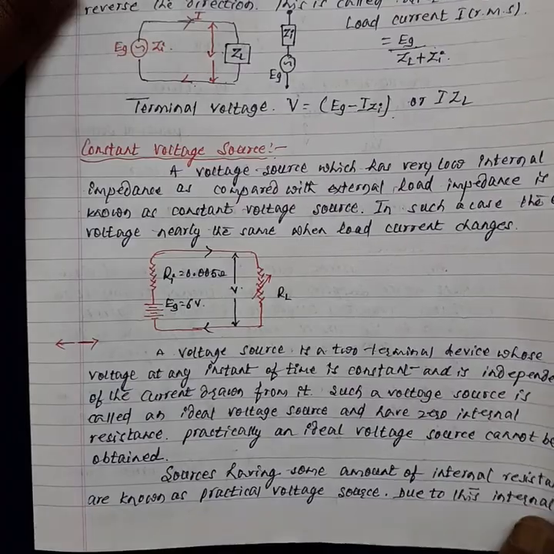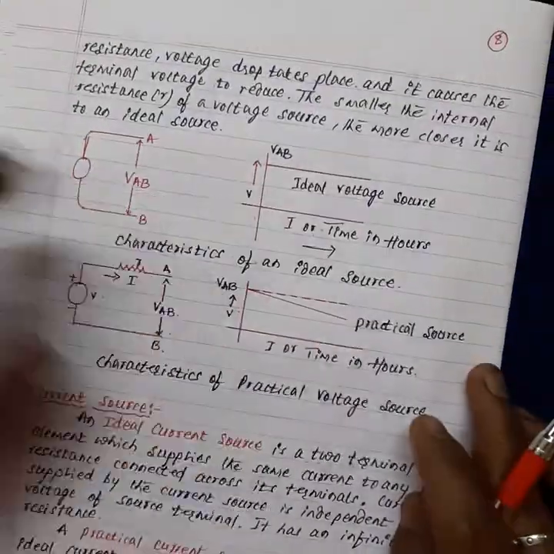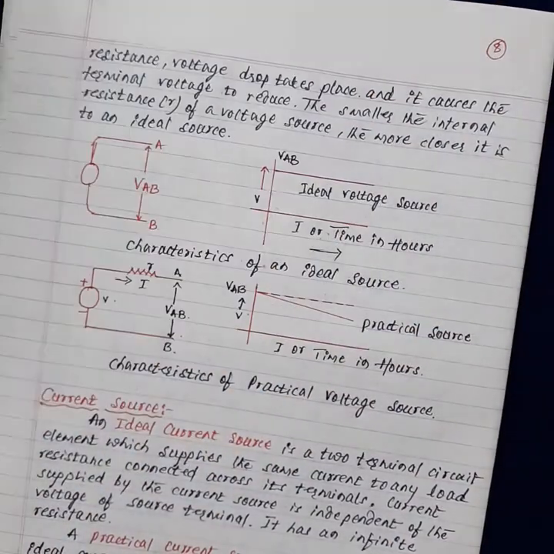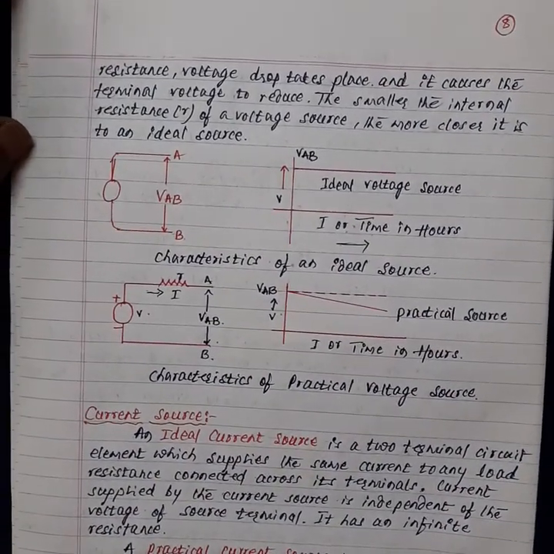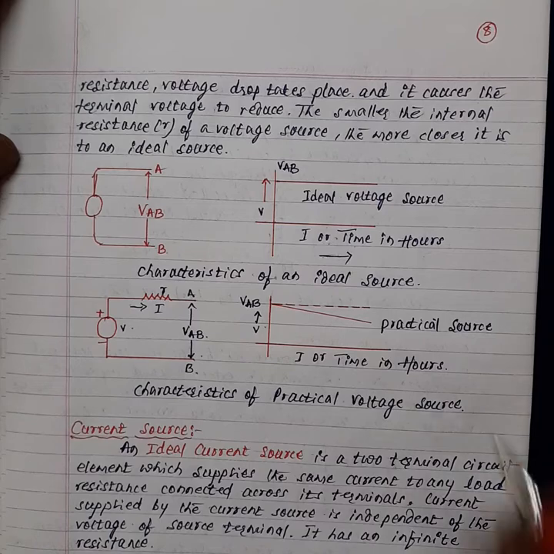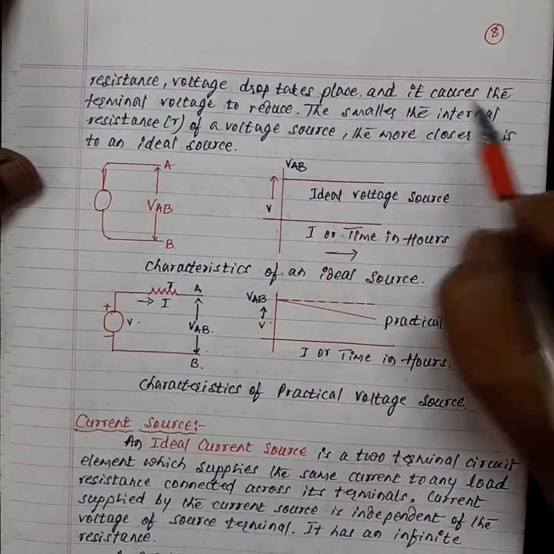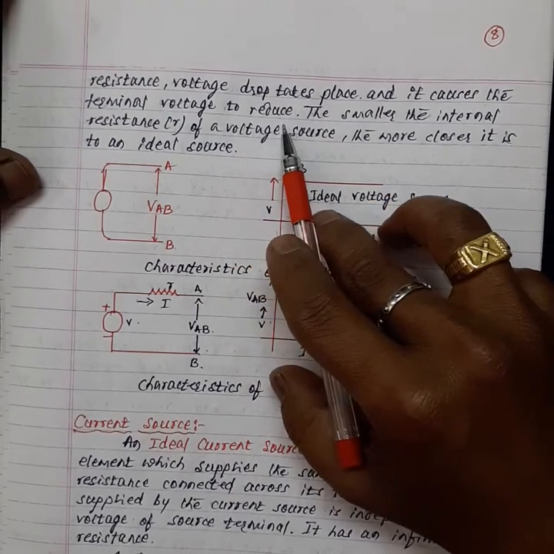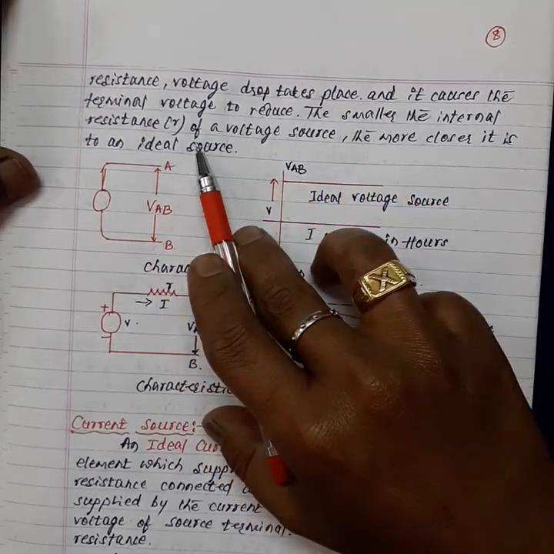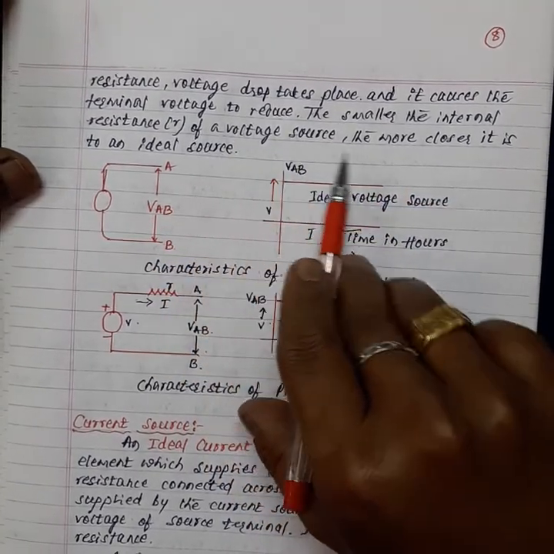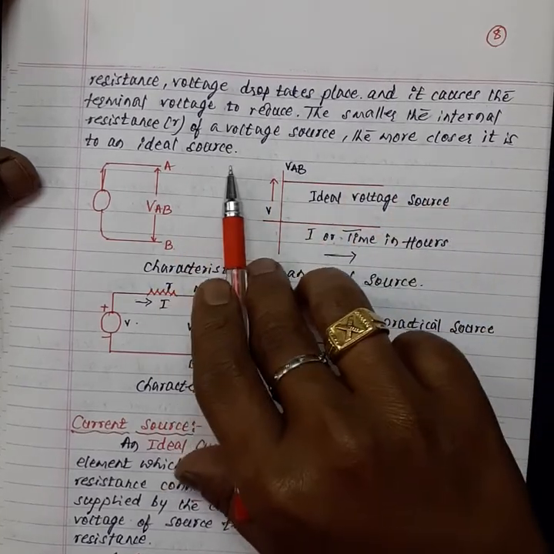Due to this internal resistance, voltage drop takes place and it causes the terminal voltage to reduce. The smaller the internal resistance of the voltage source, the closer it is to the ideal source.